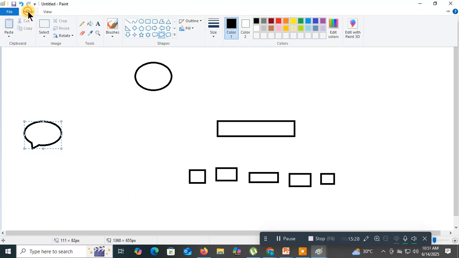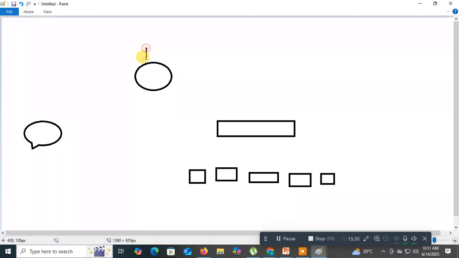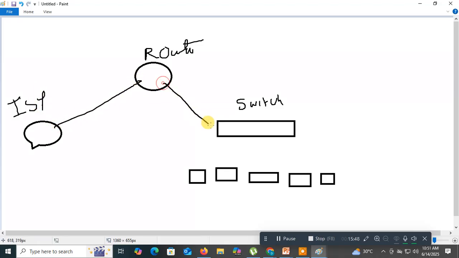Here, see this. This is the router. This is the switch. This is the ISP. From the ISP, a wire is connected to the router, the router to the switch, and the switch to all the devices.